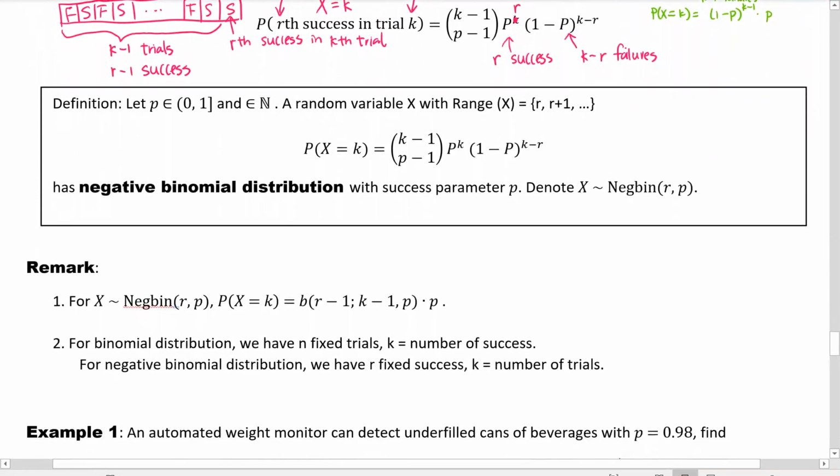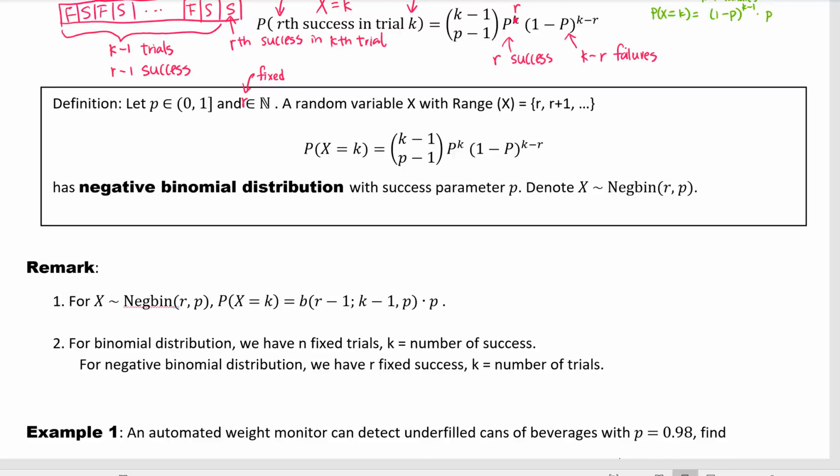Let P be the probability of success, between 0 and 1, and let R be fixed, a natural number.